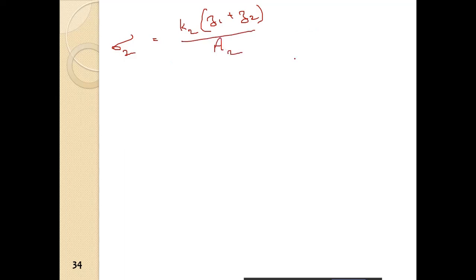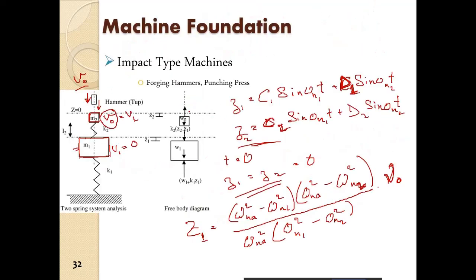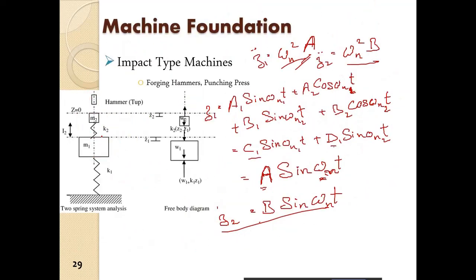So here, if this is the pad, sigma 2 on the pad will be K2 into Z1 plus Z2 by the area of the pad.